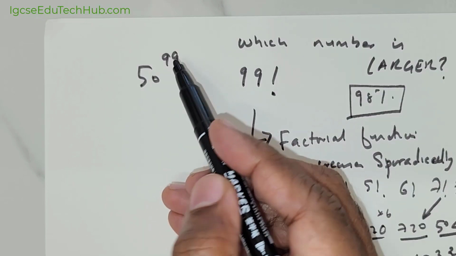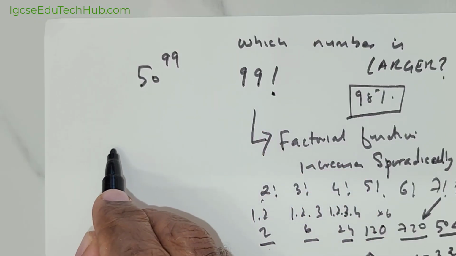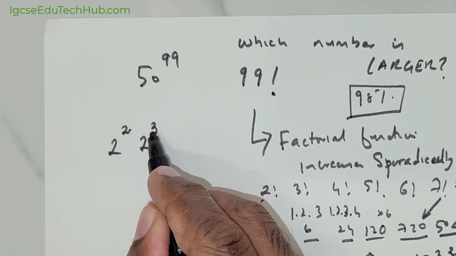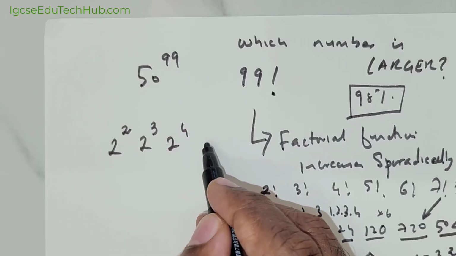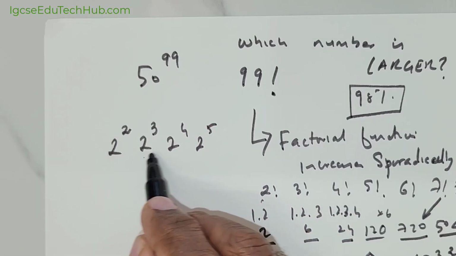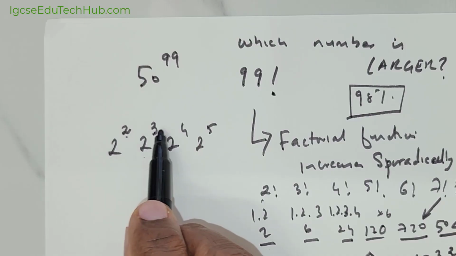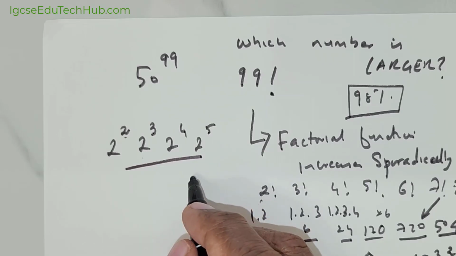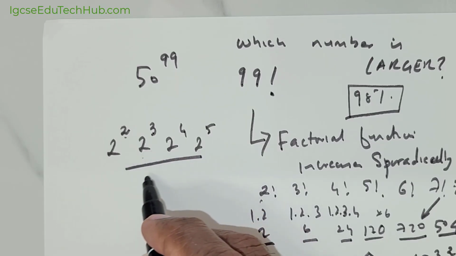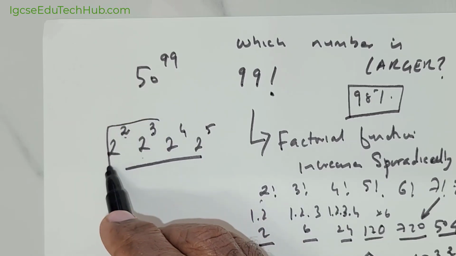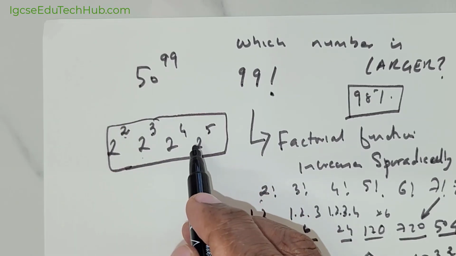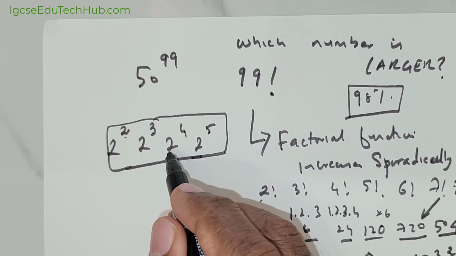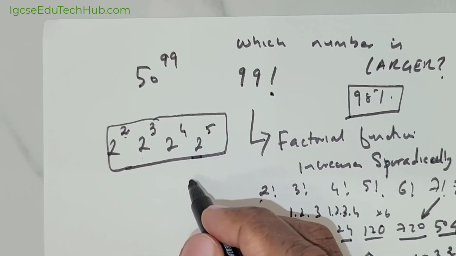Now coming to the power concept, clearly 2 raised to the power of 3, or 2 raised to the power of 4, or 2 raised to the power of 5, no matter what the base is, the increase is controlled. In other words, they follow a pattern. So we can literally control this increase, and we will be able to write a predefined algorithm to generate this.